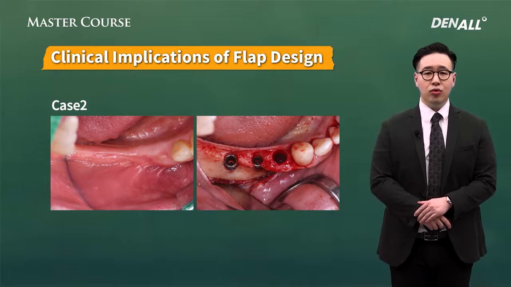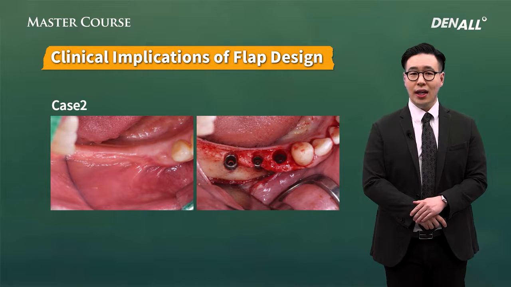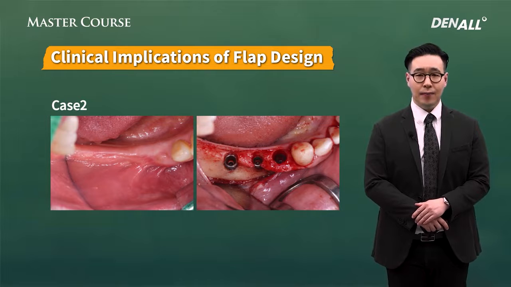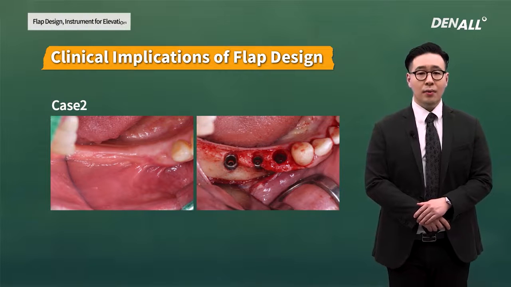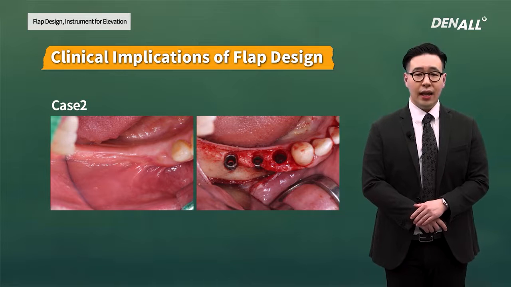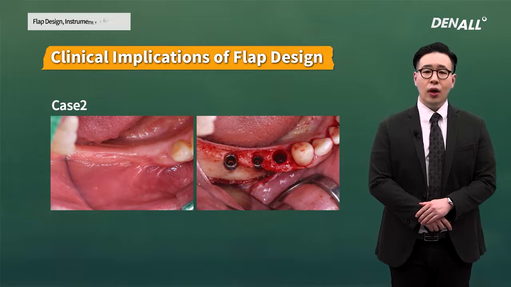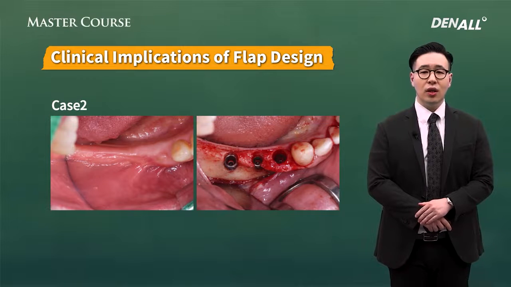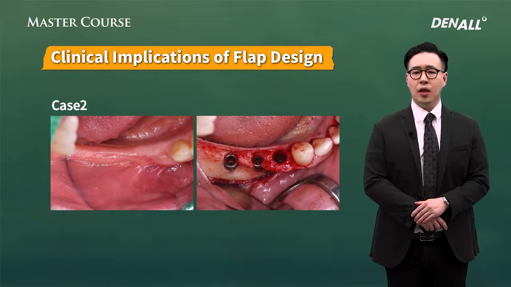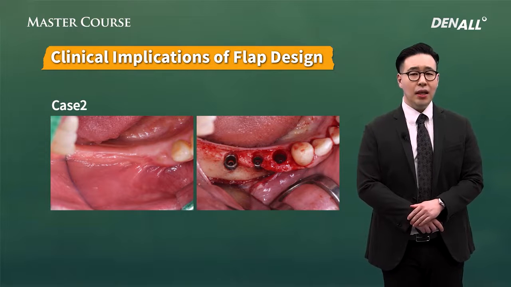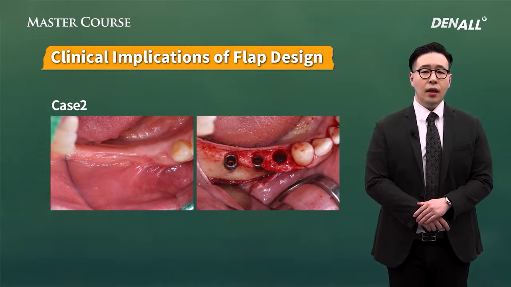Before you make an incision, you need to analyze a couple of important factors with CBCT analysis. First, whether you're going to do bone graft only or whether you're going to place the implant together. Second, the implant placement position. Third, you need to understand where the mental nerve is, which is a very important anatomical structure. With analysis, design your flap.